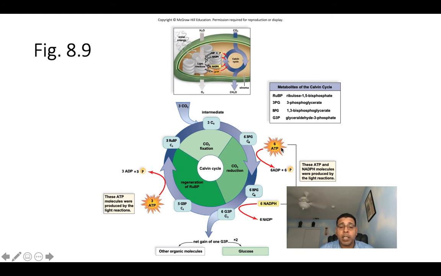Look here, 6 ATP molecules are going to be used. Then the second reaction is going to convert BPG, bisphosphoglycerate, into glyceraldehyde 3-phosphate, G3P. That will happen by the use of NADPH, 6 NADPH to be exact.